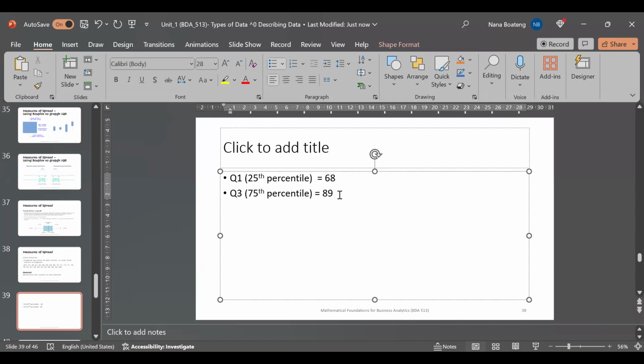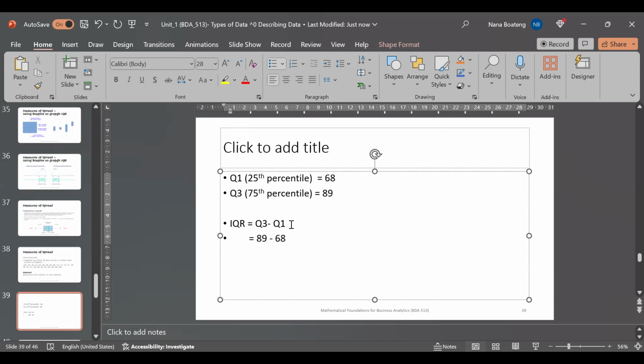Okay, all right. So once we have the Q1 and then the Q3, let's calculate our IQR. Our IQR is equal to our Q3 minus Q1. Our Q3 is 89, and then our Q1 is 68.